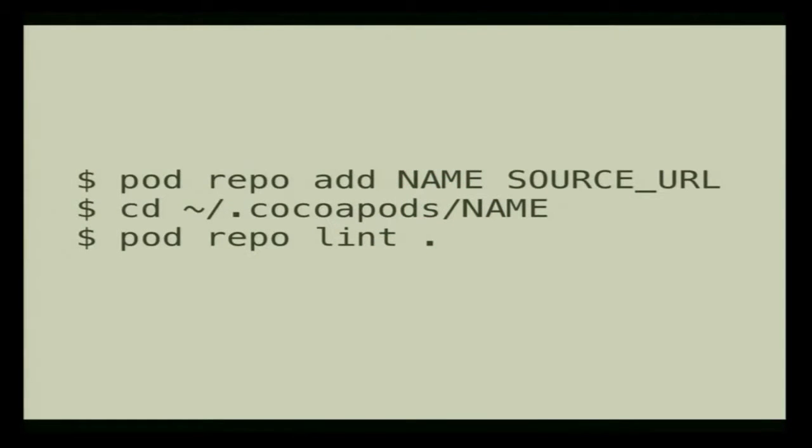Pod repo is a command I know not a lot of people use, but it's actually really powerful and really useful. You add the name of the repository, the URL, and then we suggest going through and linting it, which is checking that it's all set up correctly. If you have any errors, if it can't read from the repository, if there's any problems, this is okay. This does need to be Git right now. We only have support for Git.